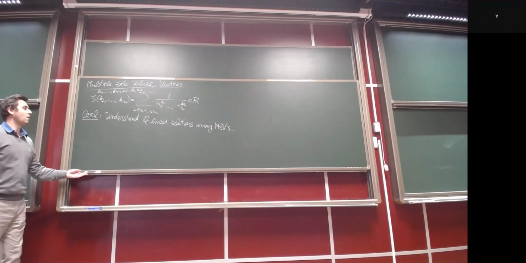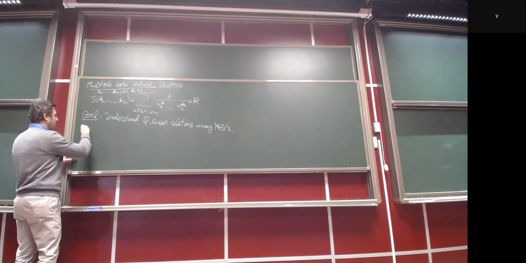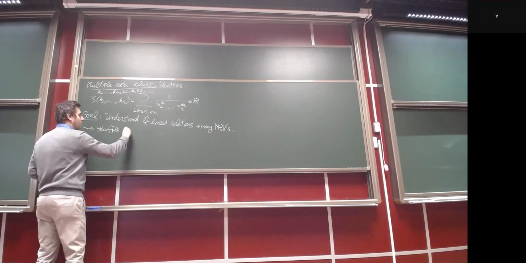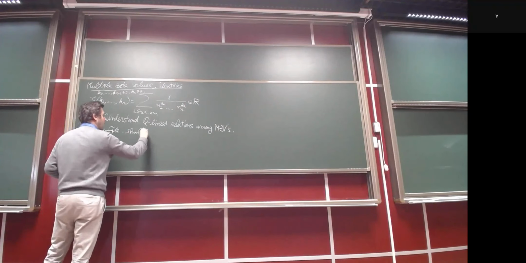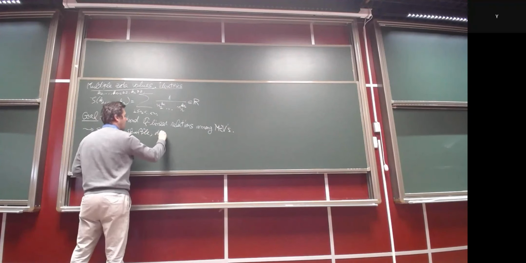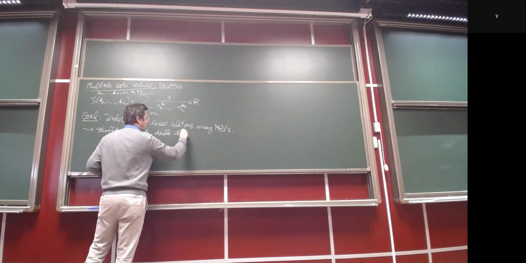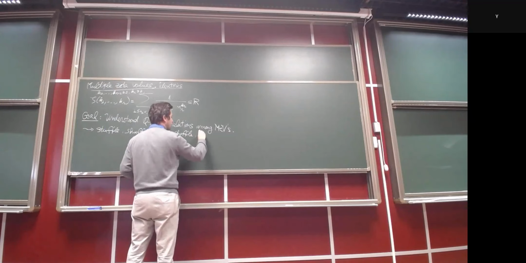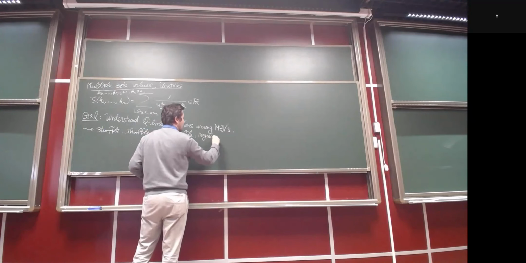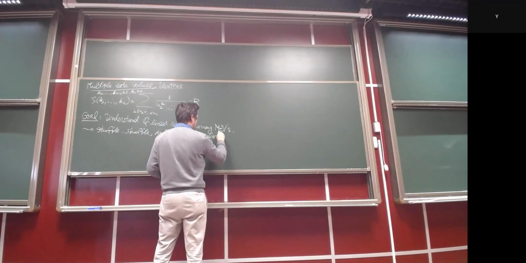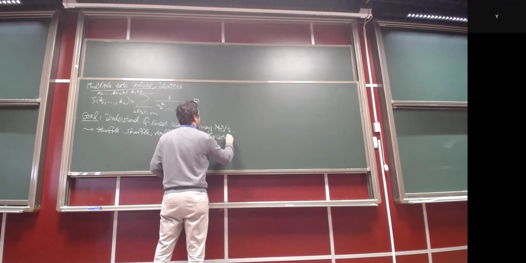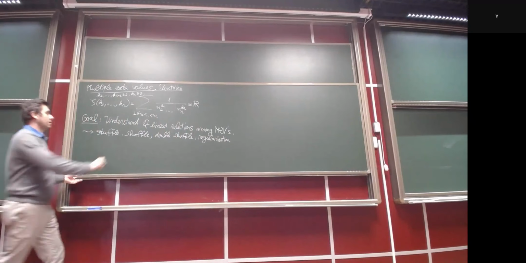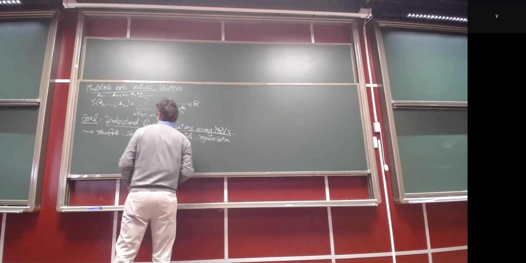Towards achieving this goal, we had some relations: shuffle, double shuffle, and of course, when you combine the two, regularization. With the regularization, we can also recover the divergent multiple zeta values. So this is the goal. We want to understand this.